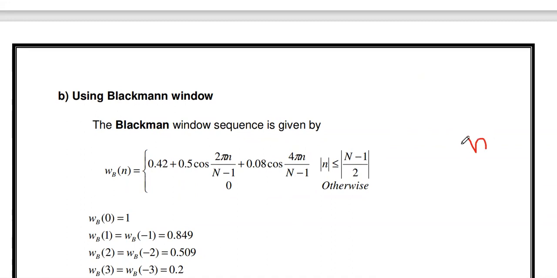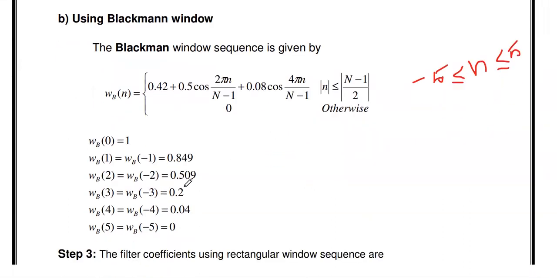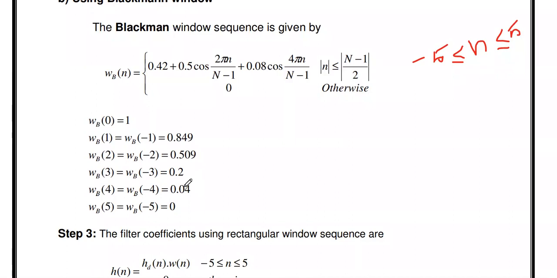So for N equal to 11, the small n varies from minus 5 to plus 5. This is the WB of n we have to calculate. And you know all windowing sequences are symmetric about n equal to 0. So first, substitute n equal to 0 in the above formula. So WB of 0.